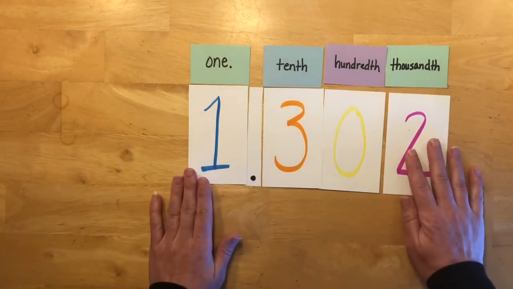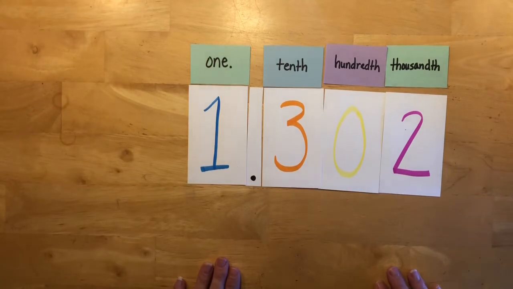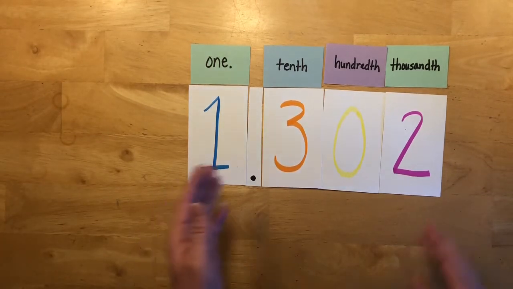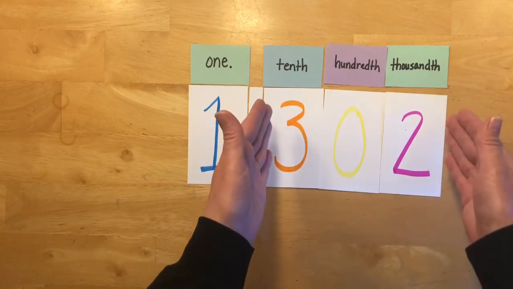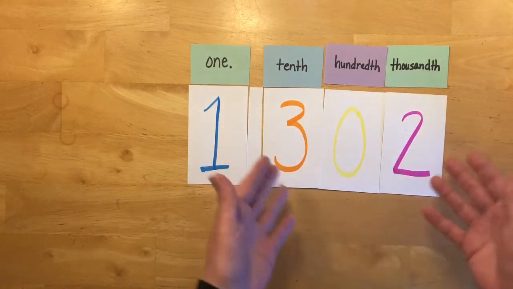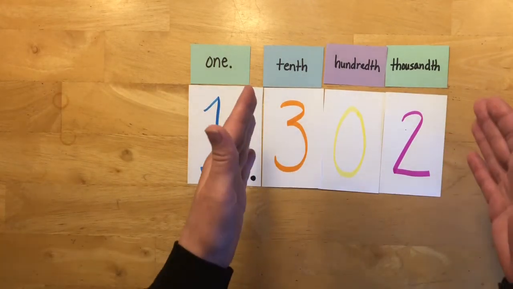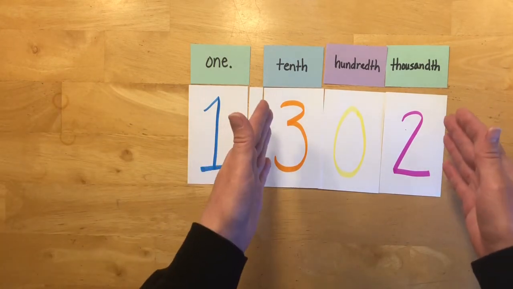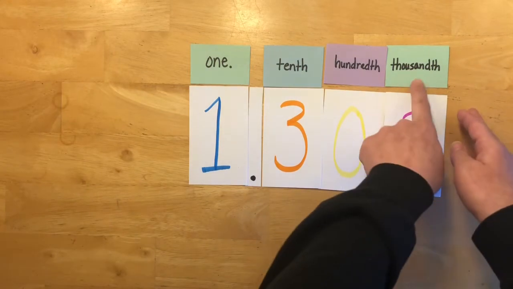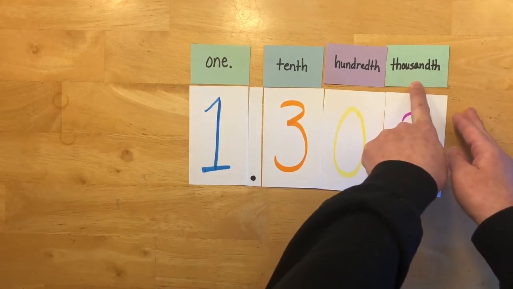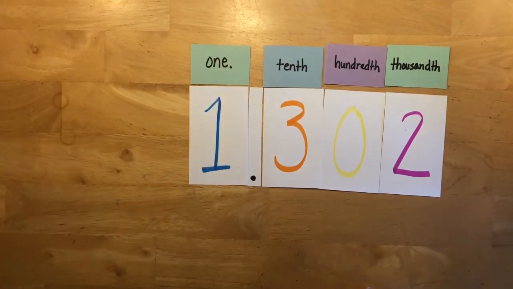So once again, I already had the 1. Now I have back here 302. You can see this whole set, 302. We don't add commas in decimals. We only add them in the wholes, but this is 302. So we say 1 and 302, the last place, thousandths. And that's how you read a decimal.